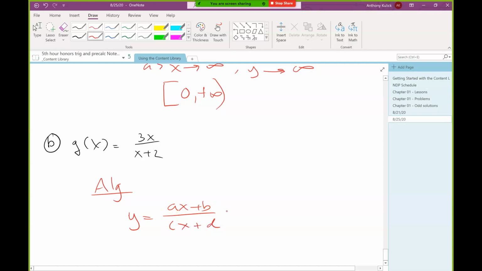This was one of the ways you could represent a simple rational function. And we know the domain was, in this case, x not equal to negative d over c. And the range in this case was y not equal to a over c.